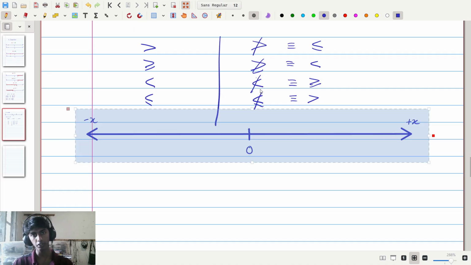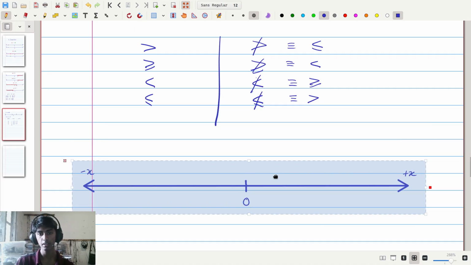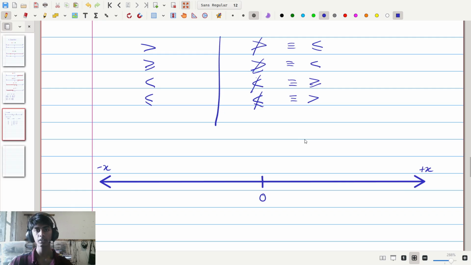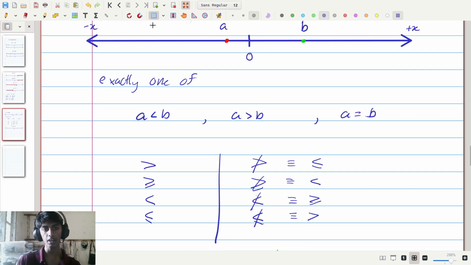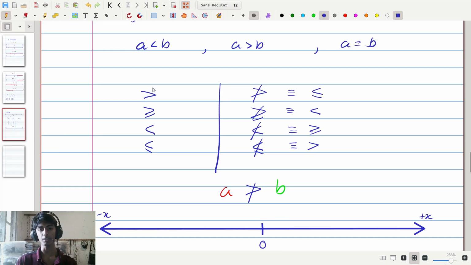So we are going to have to use the trichotomy law to identify this, and I'll just draw an example over here. So let's say that we have that A over here is in fact not greater than B. So if A is not greater than B, it eliminates one of the three possible cases from our trichotomy law. Over here the three cases are that A is less than B, A is greater than B, and A is equal to B. So if A is not greater than B, this case is eliminated, which means we have only two cases left.